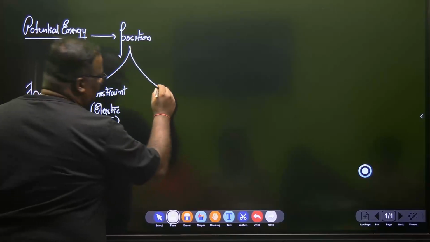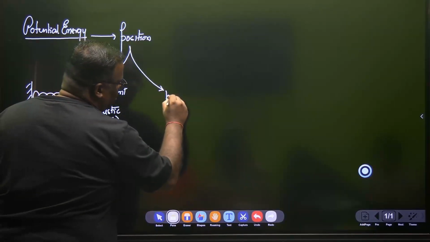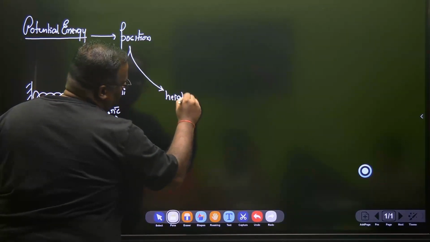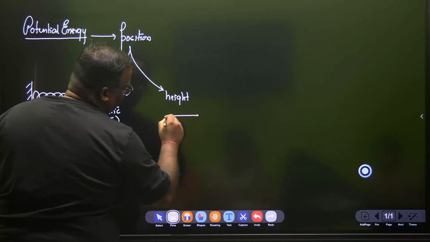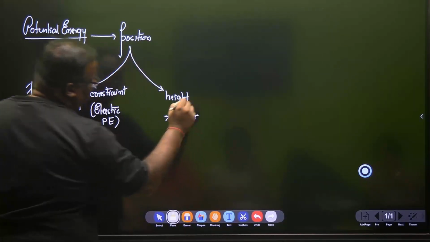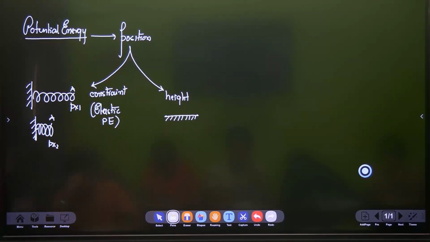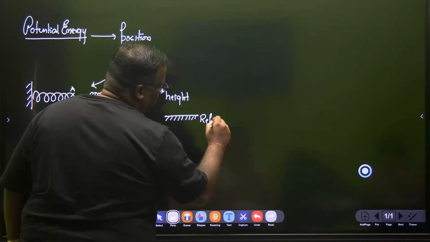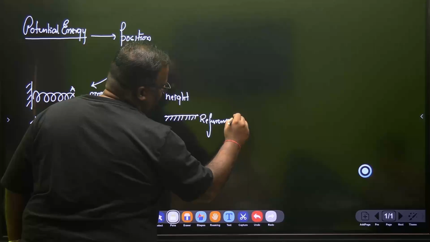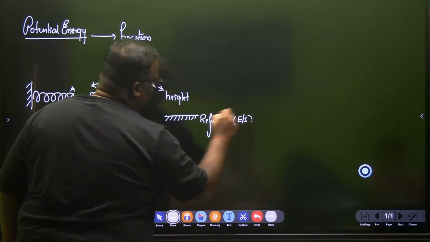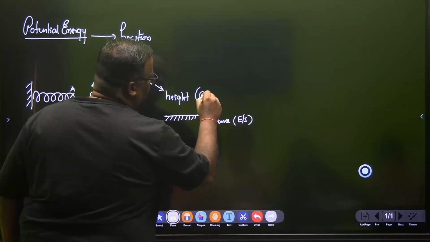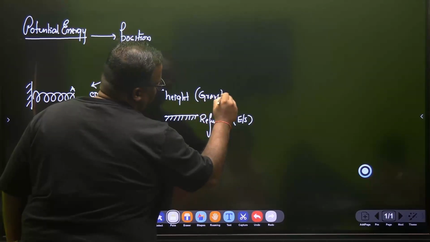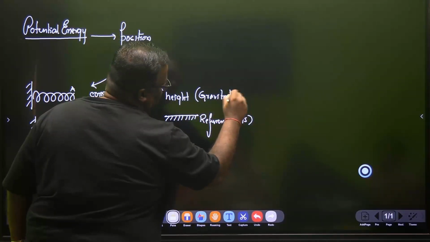And then there can be one more, which can be due to a height as measured from a reference level. Usually this reference is taken as, say, Earth's surface. Then this is known as gravitational potential energy.